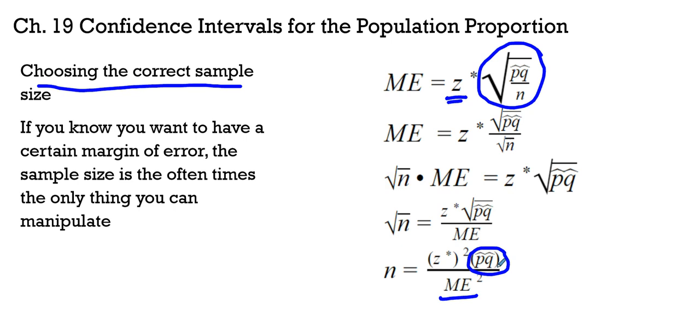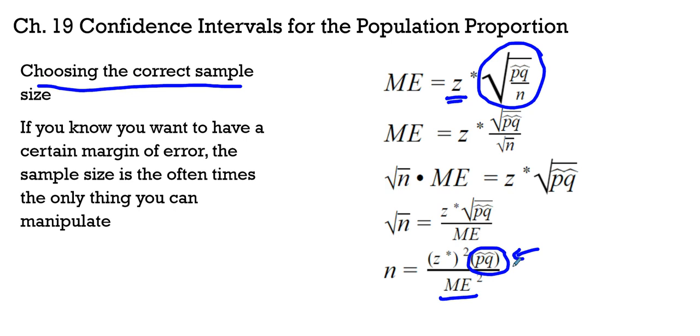So this idea of having a p hat and a q hat, you might not have it. So you have a couple of options here, because this is not exactly hard and fast science, in the sense that if you're going to make a mistake, you're going to make a mistake going over. If you have something that would give you a reasonable estimate as to what the sample proportion would be, you can use that.